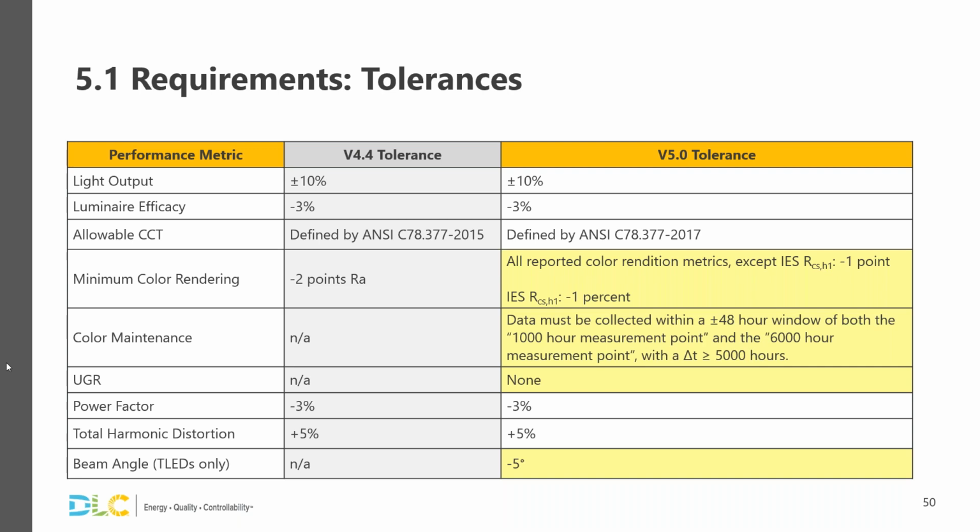For general wide distribution, smooth distribution type of luminaires, 5 degree vertical and 22.5 degree horizontal is the minimum requirement, but you can always be more granular. And also, if the distribution is not an even and smooth distribution, then definitely the resolution will have to be much more granular than 5 degree vertical and 22.5 degree horizontal.